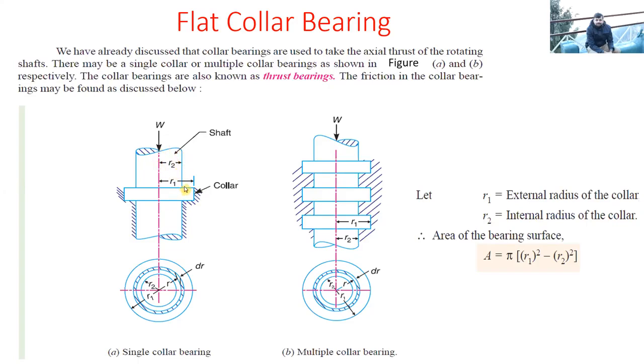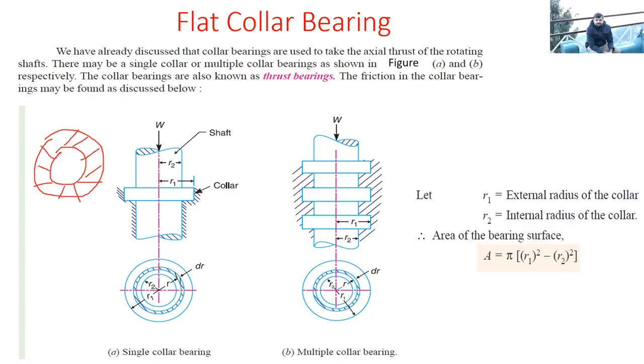So R1 and R2 are the external and internal radius of the collar. If you see the top view, the area of the collar would look something like this. There will be two concentric circles, and the area required would be the area between these two circles.